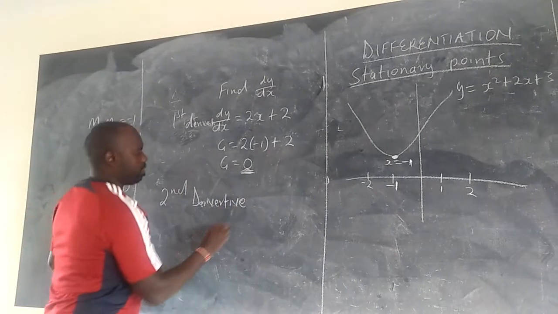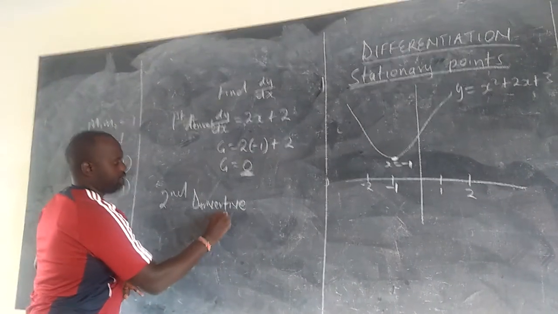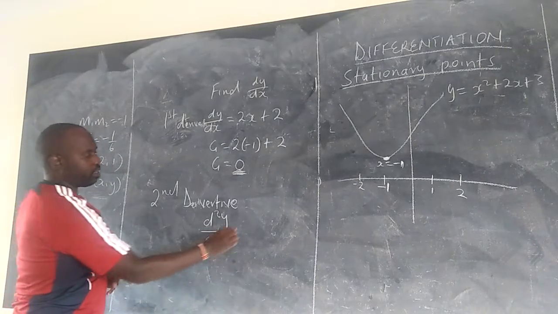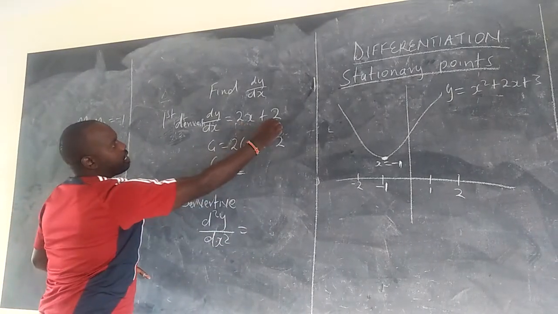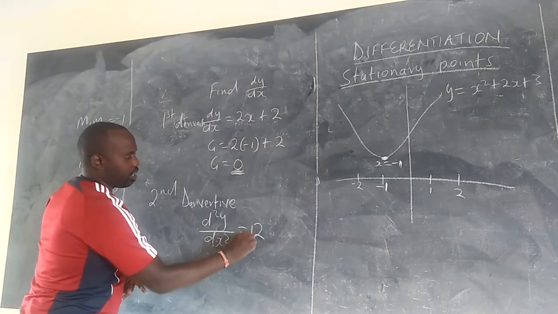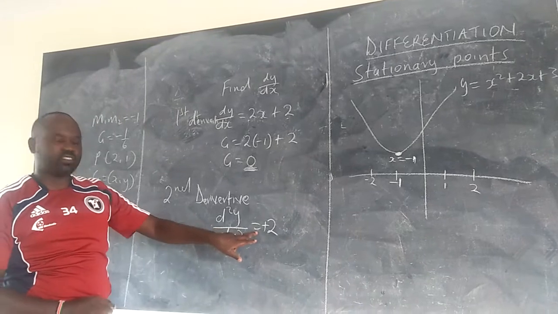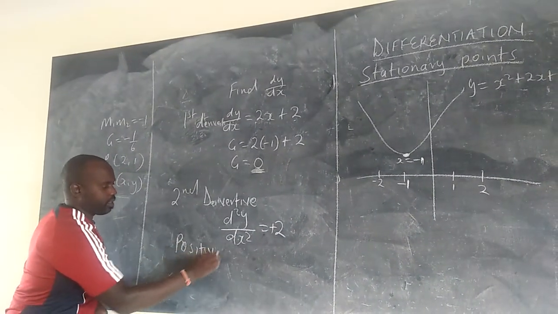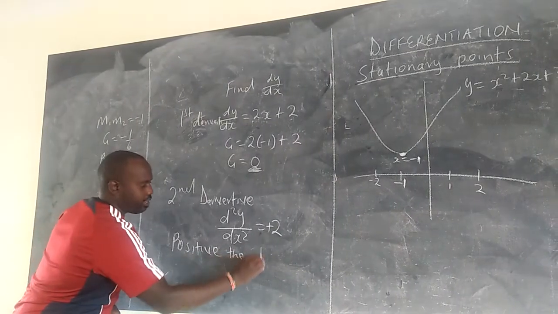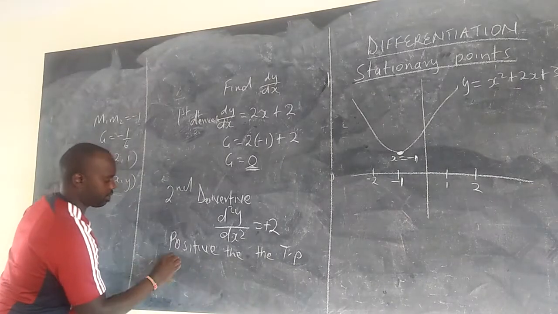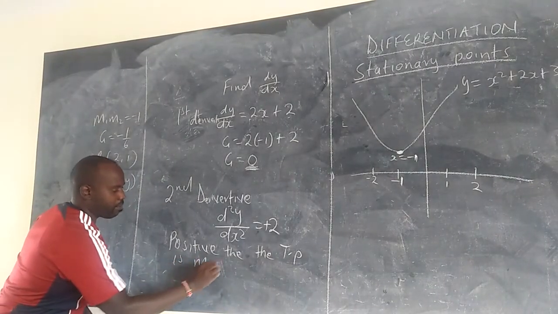The second derivative is d squared y over dx squared. So you differentiate the first derivative and you get 2, and this is positive. So if the second derivative is positive, then the turning point is a minimum.